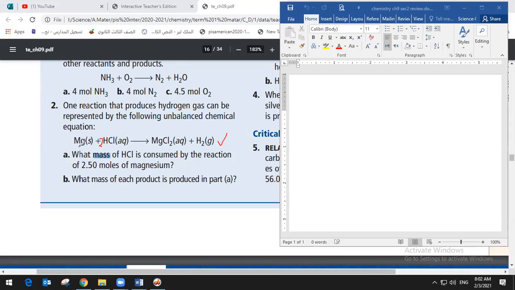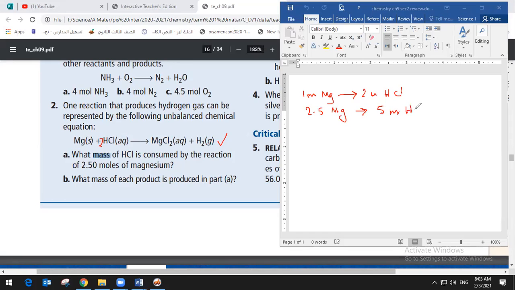Now if we have 2.5 moles of magnesium, how many moles of hydrochloric acid are we going to have? 5. Good. So 5 moles of hydrochloric acid.